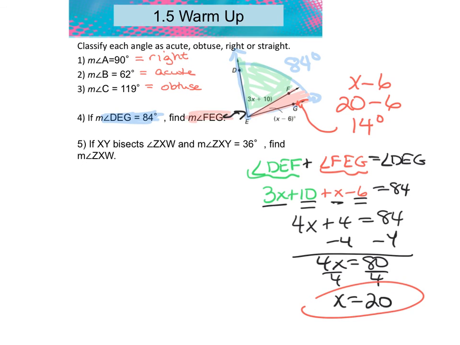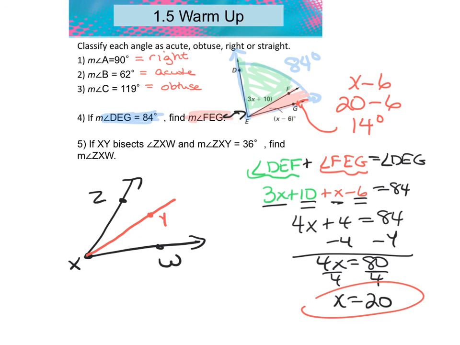For the next one, it's telling me that I have an angle here, and we're going to label it as ZXW. And it's being bisected by XY. As soon as I see that, I know that my angle has been bisected, I know it has created two congruent angles.